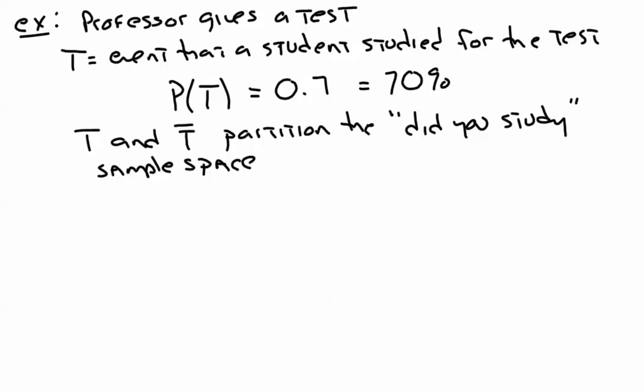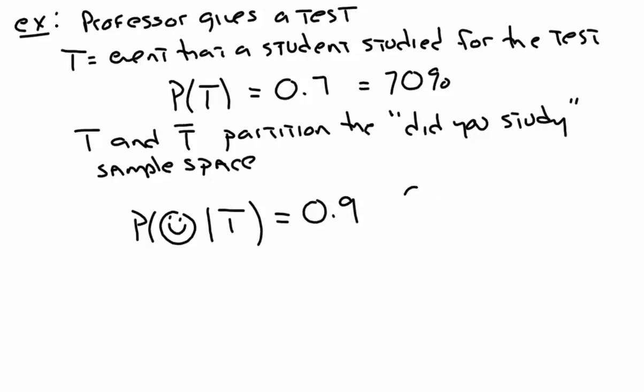The professor has given lots of tests in this particular course. He's made observations over time. He's graded lots of papers, and he's been able to determine that the probability that a student passes the test given that they study equals 90%.